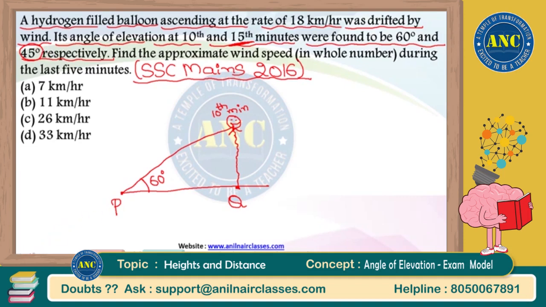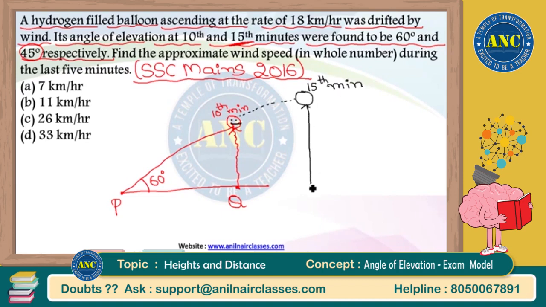That means the balloon at the 10th minute was at this position and it was drifted by wind. The balloon kept on going like this, somewhere like this, by the wind. At the 15th minute, the balloon moved a little away, and at the same time it is moving upward also. That means this is the position of the balloon. Suppose this is the position of the balloon at the 15th minute.